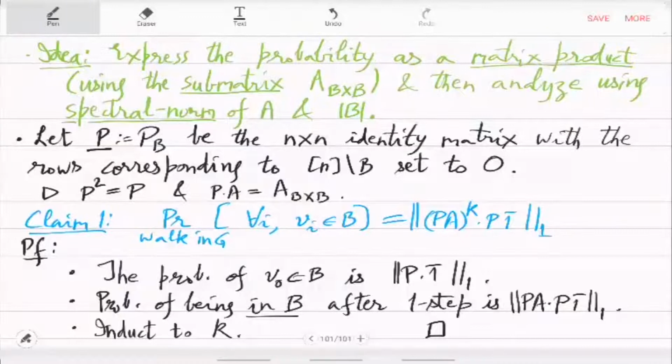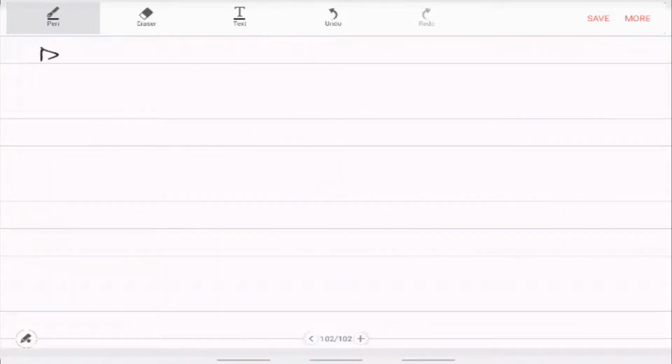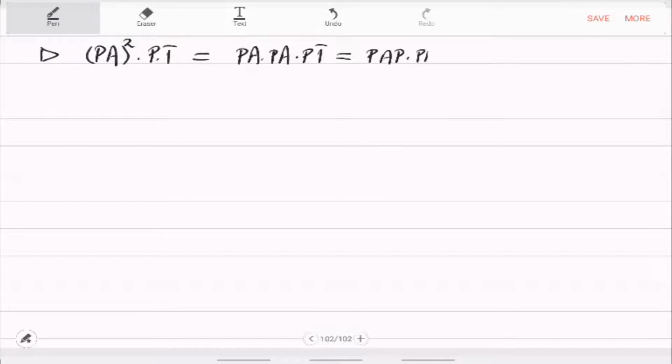So notice that PA k times P1 bar you can also see in another way. What is PA square? PA square you can see as PA times PA times P1 bar, which is also PAP times A times P1 bar.